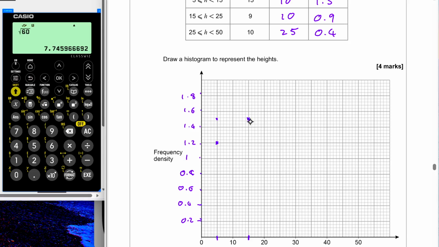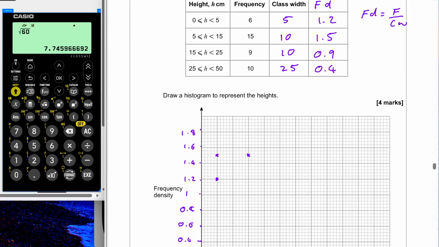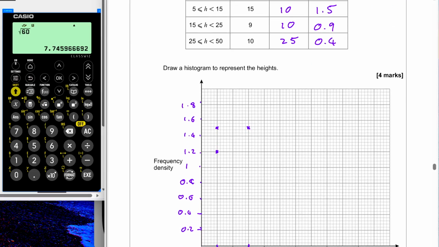I'm just kind of putting on my key points, and then I'll use my ruler in a moment. So 15 to 25 is 0.9. And then finally 0.4 up to 50.